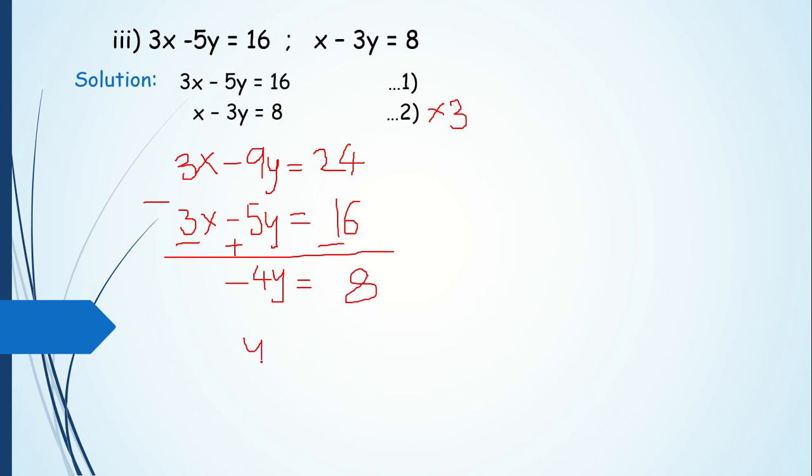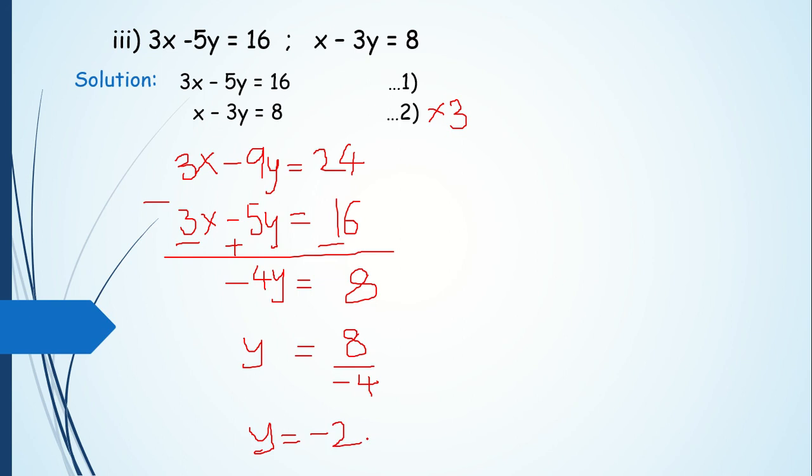So therefore y will be equal to 8 upon minus 4, and y is going to be minus 2. Minus 9 plus 5, the greater number's sign goes to the answer. Don't go wrong in the signs.